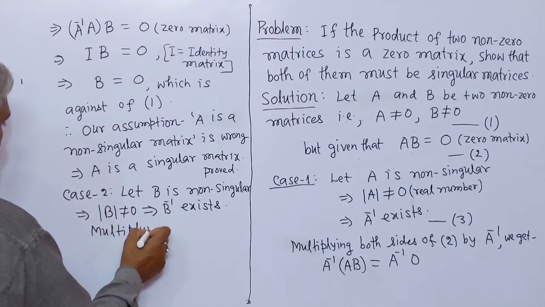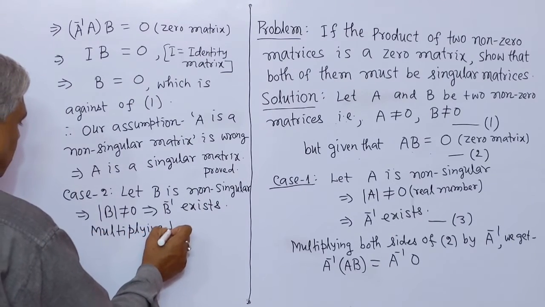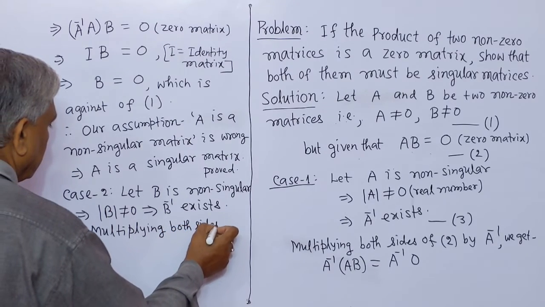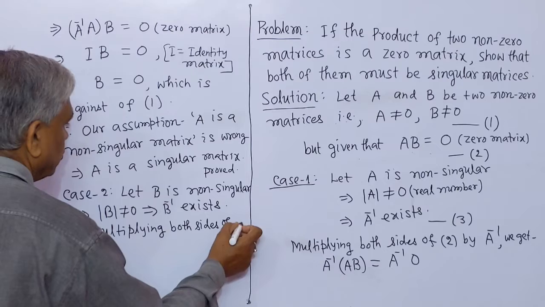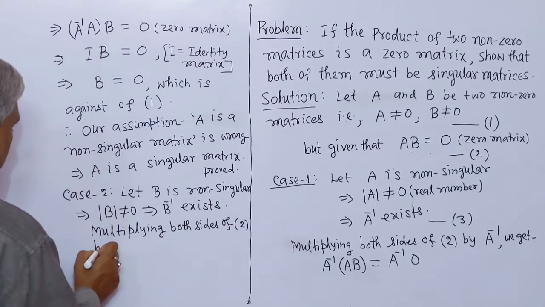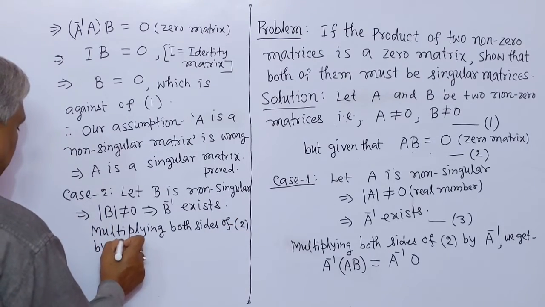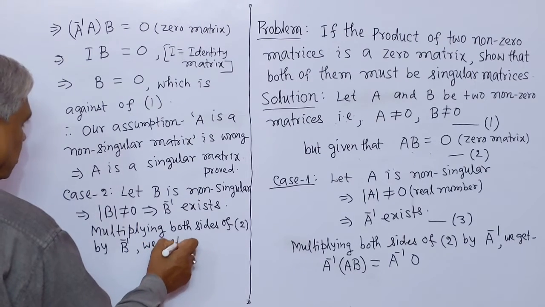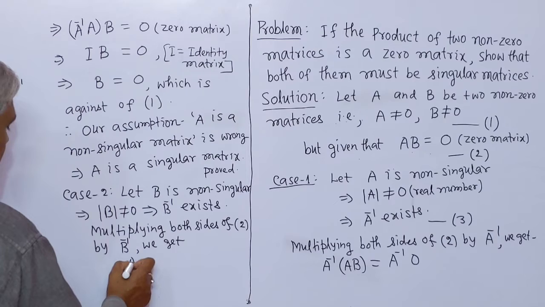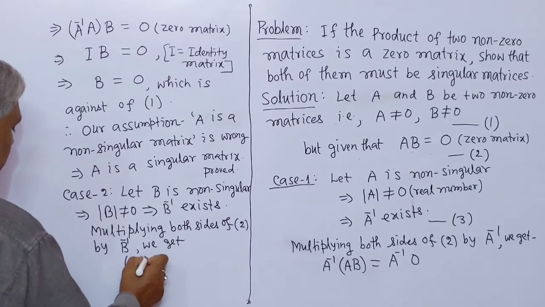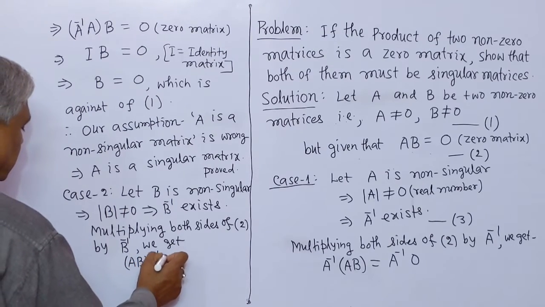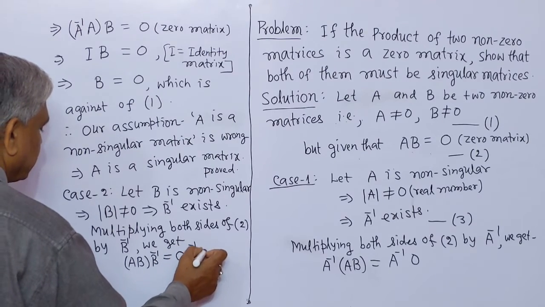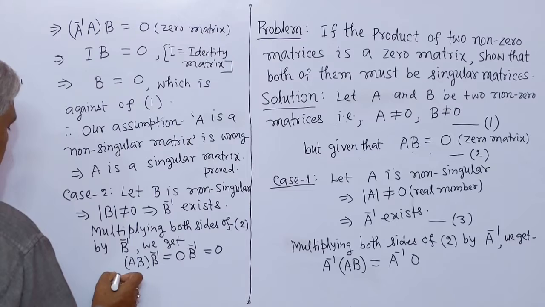Multiplying both sides of 2 by B inverse, we get AB B inverse equal to 0 matrix multiplied by B inverse equal to 0.